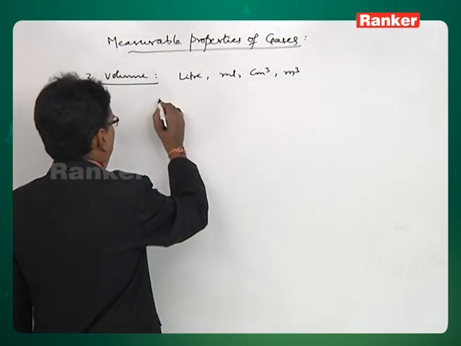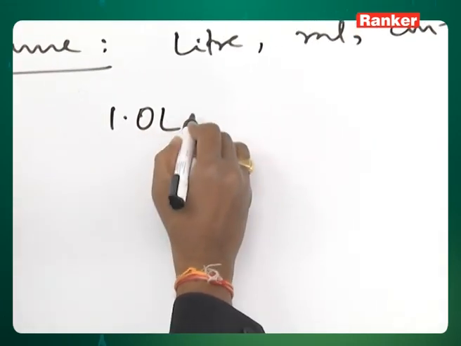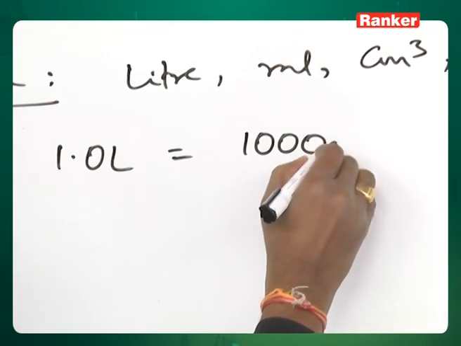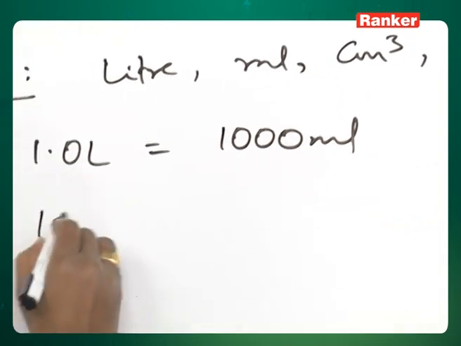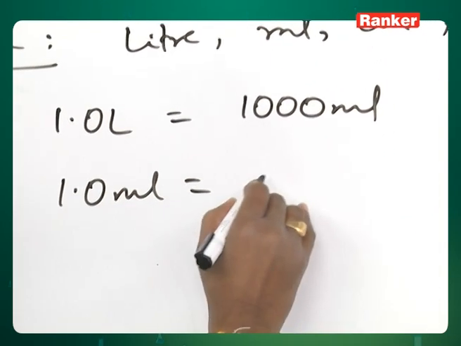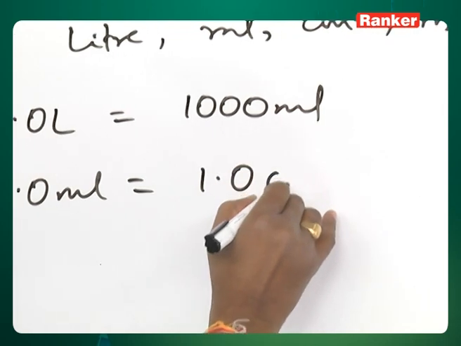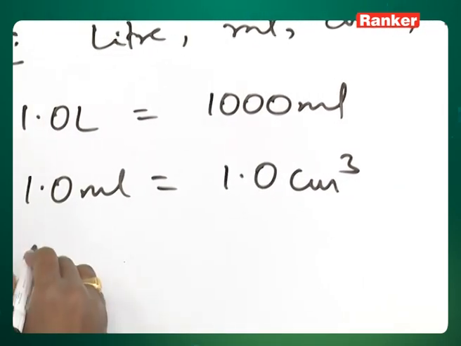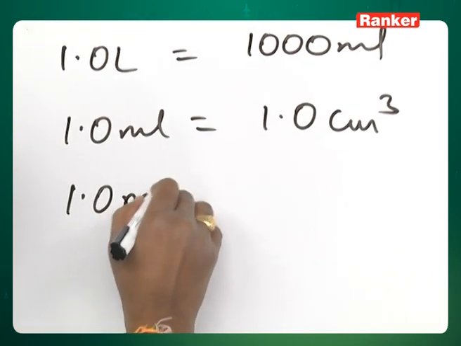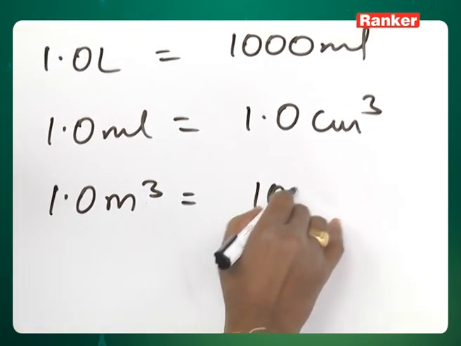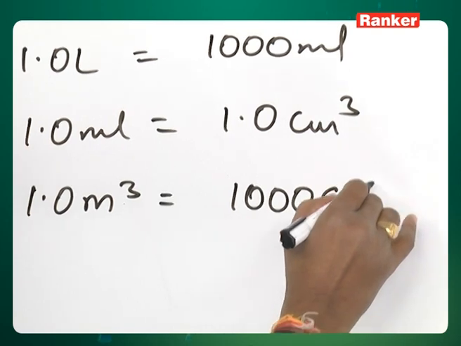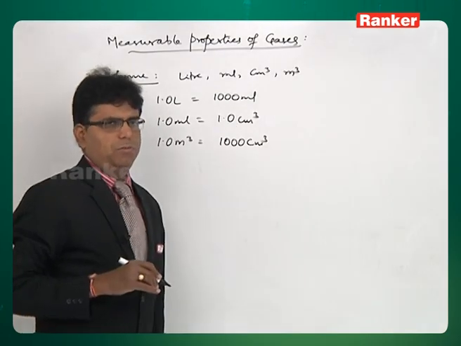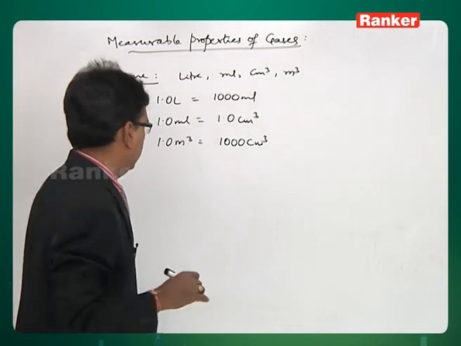And of course, it is well known that 1 liter is equal to 1000 ml, 1 ml is equal to 1 cubic centimeter, and 1 cubic meter is equal to 1000 liters. This is the conversion from one unit to the other.